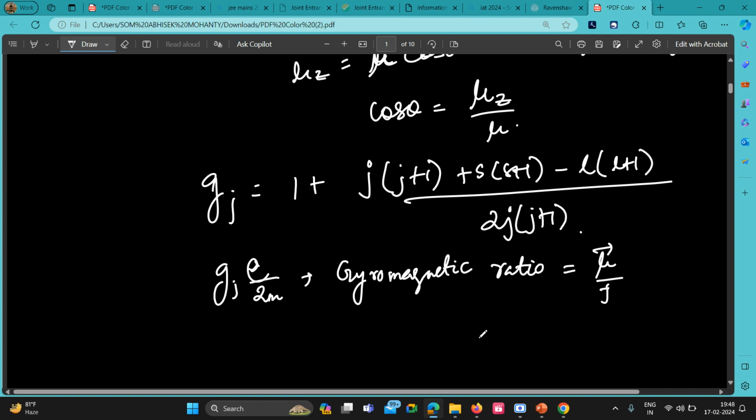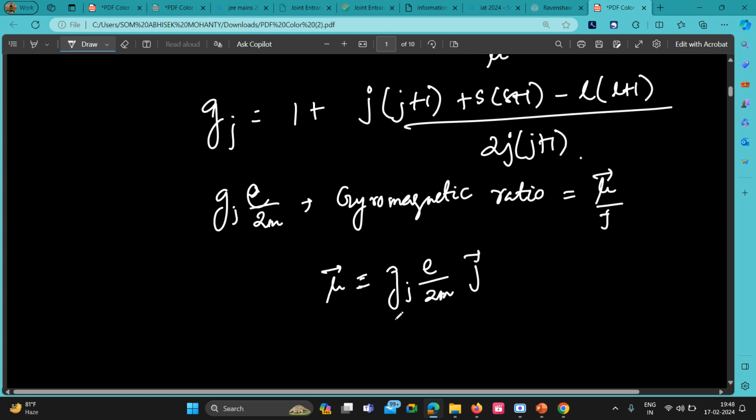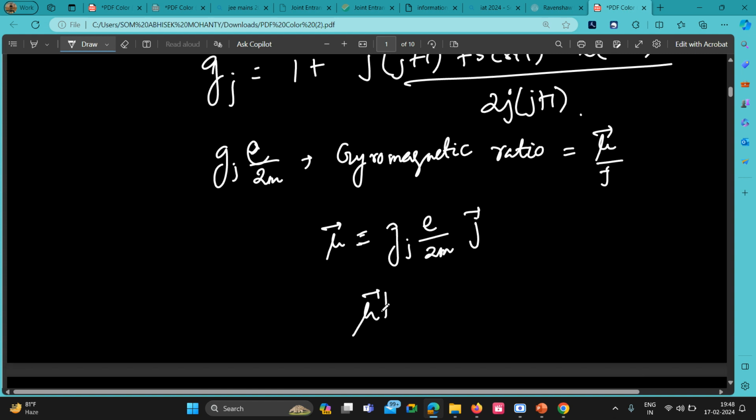Now we know mu is equal to Gj e by 2m into the J vector. If I take the magnitude, it is Gj e by 2m times the J vector magnitude.